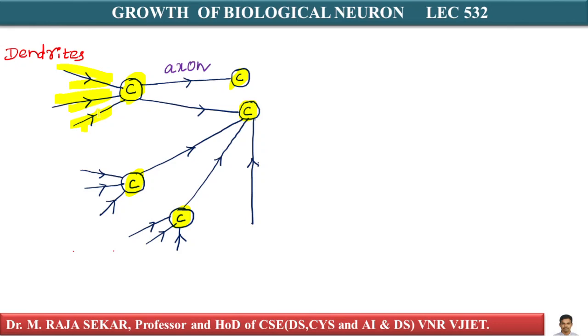These are my axons, outgoing links from the cell body. Outputs get connected to other neurons. This is literally what a biological neural network is. Basically, dendrites are inputs, axons are outputs.